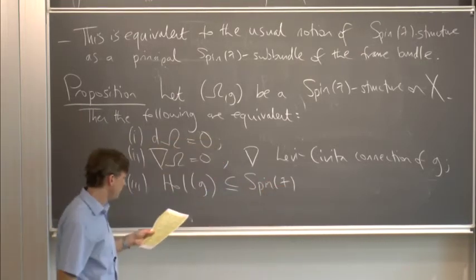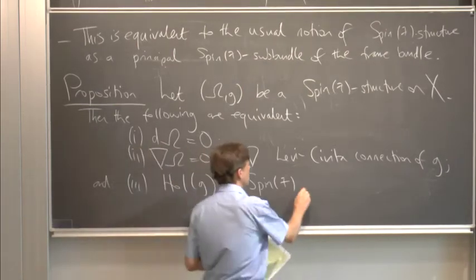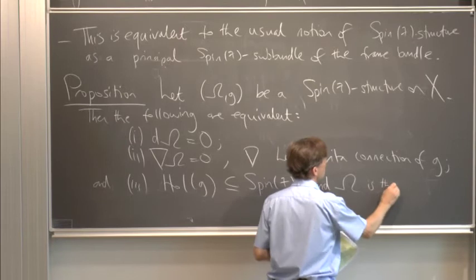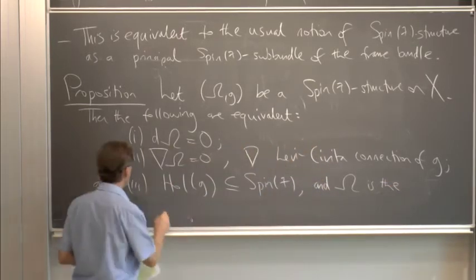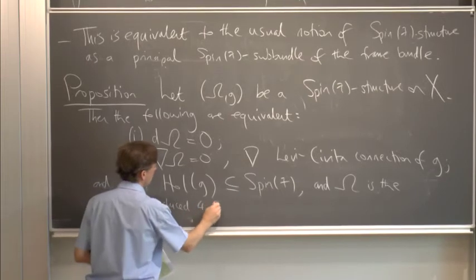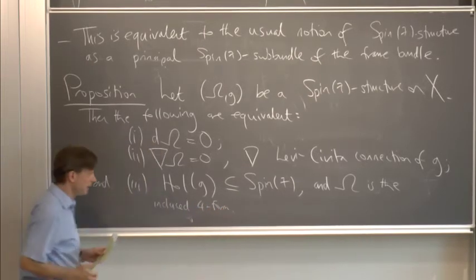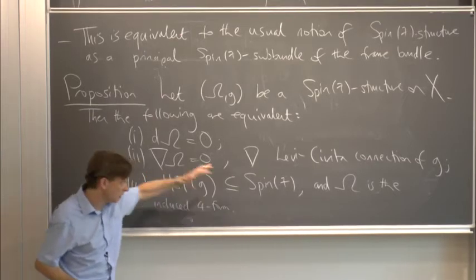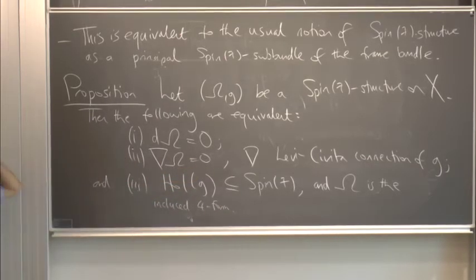And that's not quite enough because you'll need also to say that big omega is the induced 4-form, in the sense that if you're given an inclusion of the holonomy group of g into Spin(7), you can reconstruct a 4-form from it.